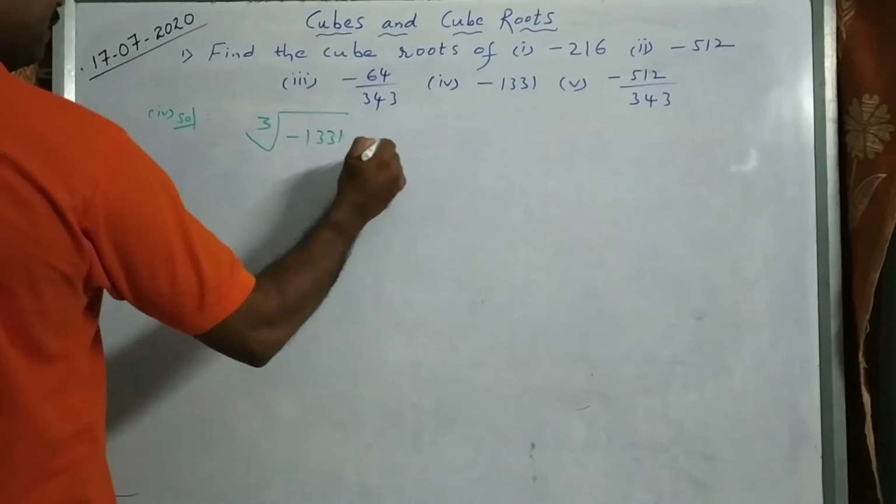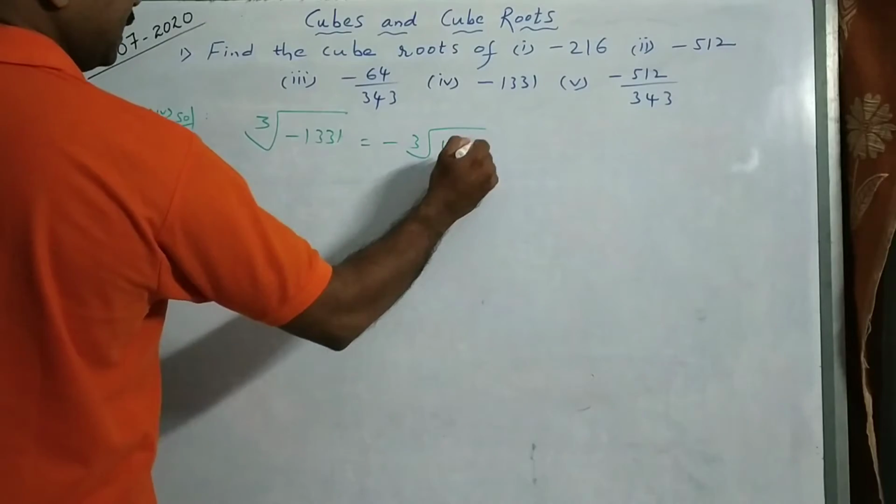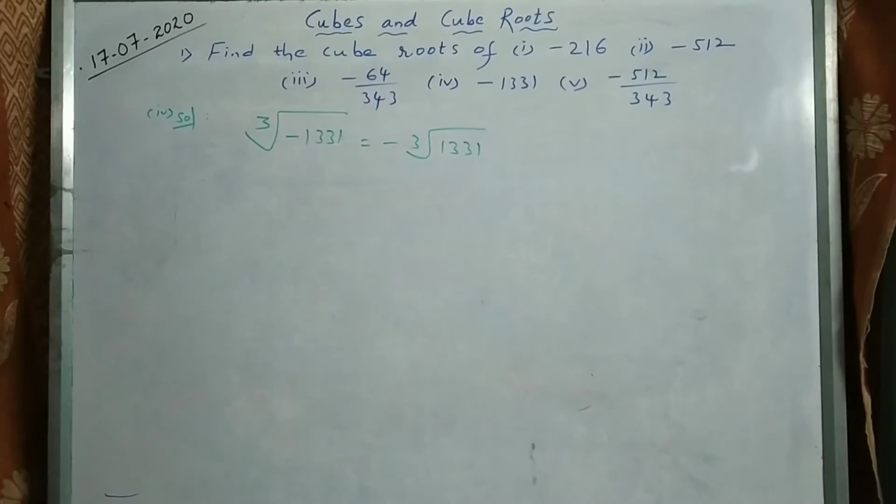Immediately the minus should be brought outside, because the cube root of a negative integer is always negative.